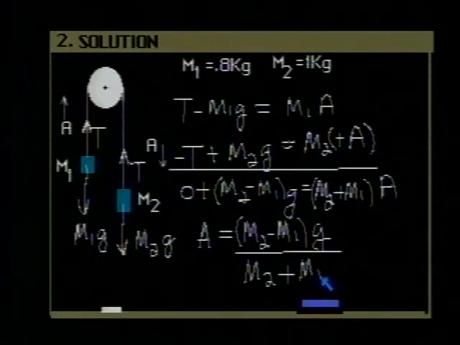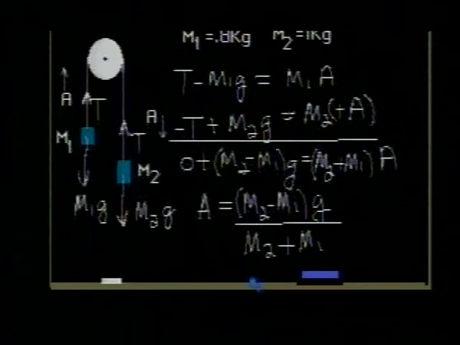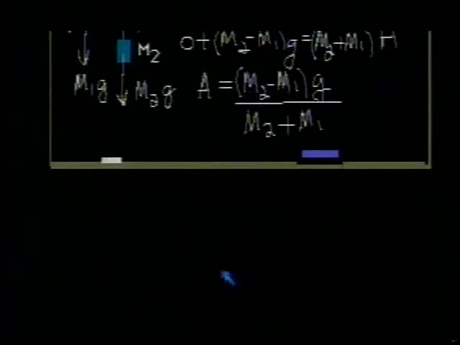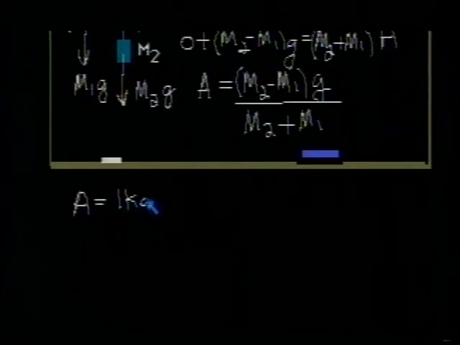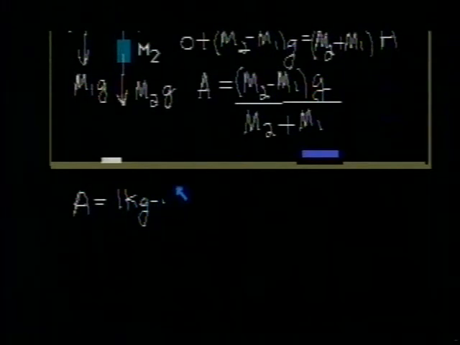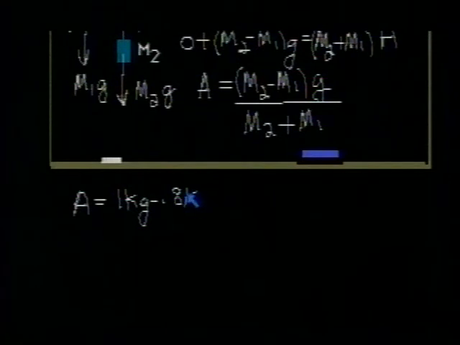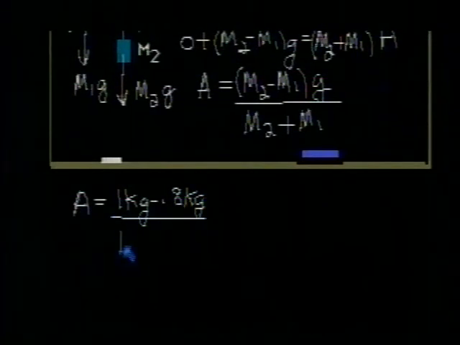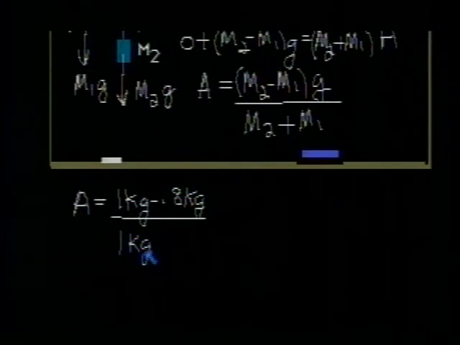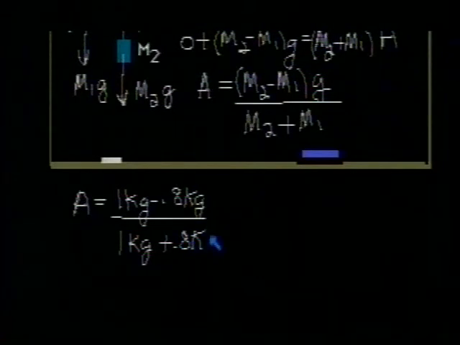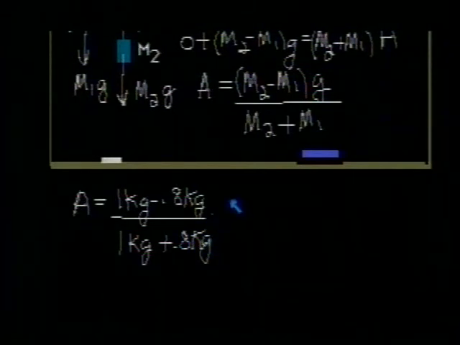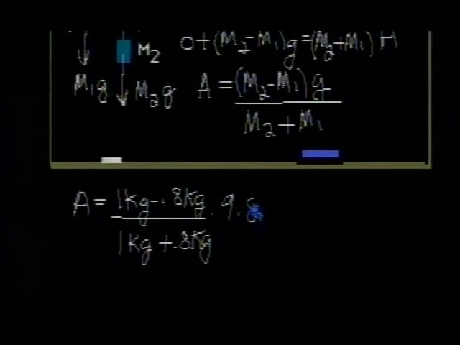And plugging in some values, M2 was 1 kilogram, so the acceleration is 1 kilogram minus 0.8 kilograms divided by 1 kilogram plus 0.8 kilograms times g, 9.8 meters per second squared.